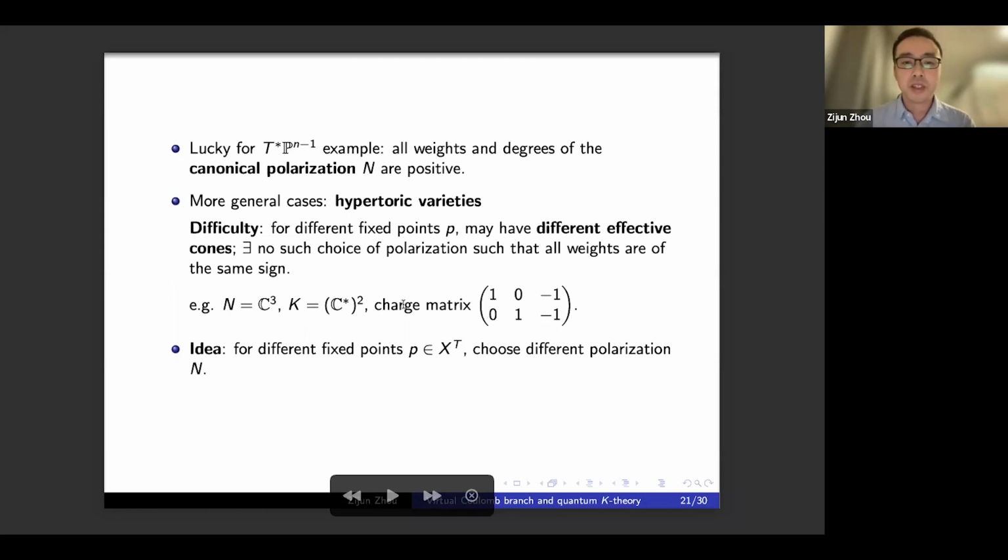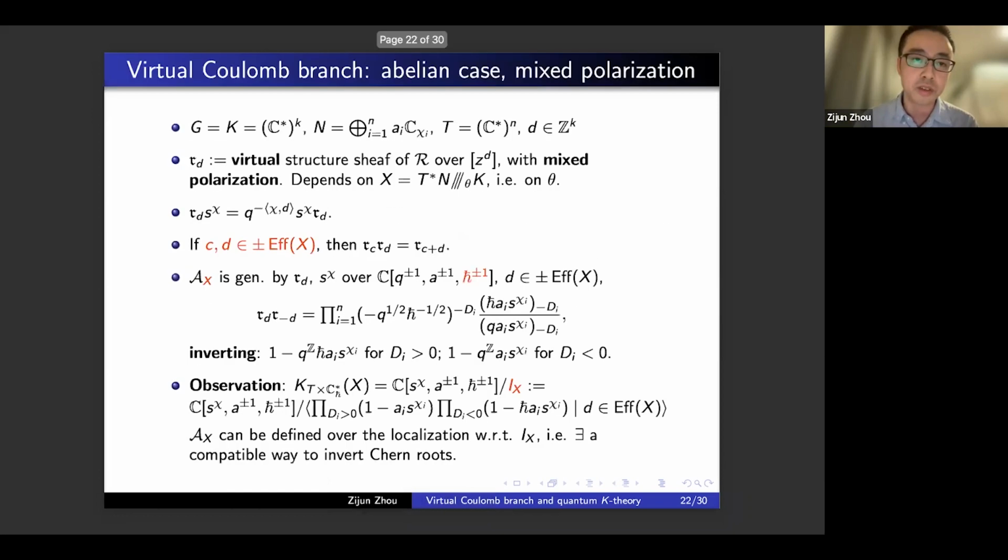To solve this problem, the idea is that for different fixed points, we need to choose different polarizations. That means for different fixed points, we choose a different N in the starting data of the definition of the Coulomb branch.